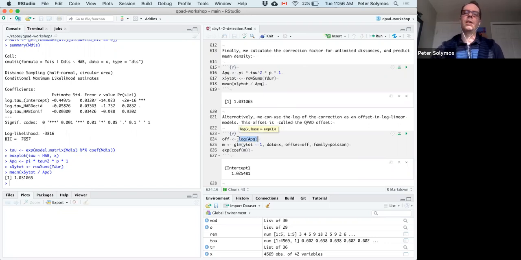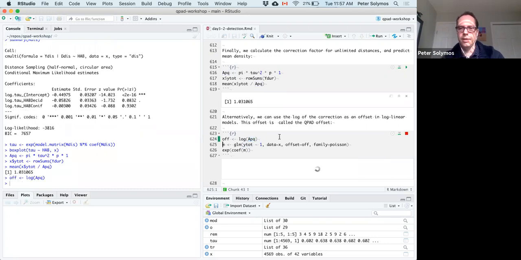And as you recall, offset is a term in the formula that we specify for GLM that we assume we know. So we are not going to estimate a coefficient corresponding to that. So now it is also clear that we need to then do removal modeling, distance sampling, come up with these quantities, A, P, and Q, based on what we can predict from these models and use those as offsets.